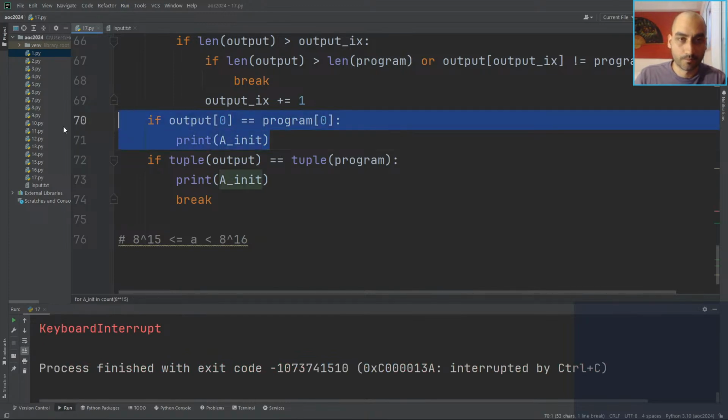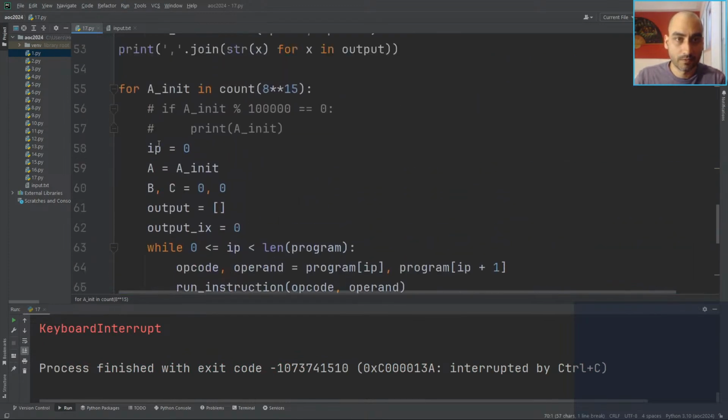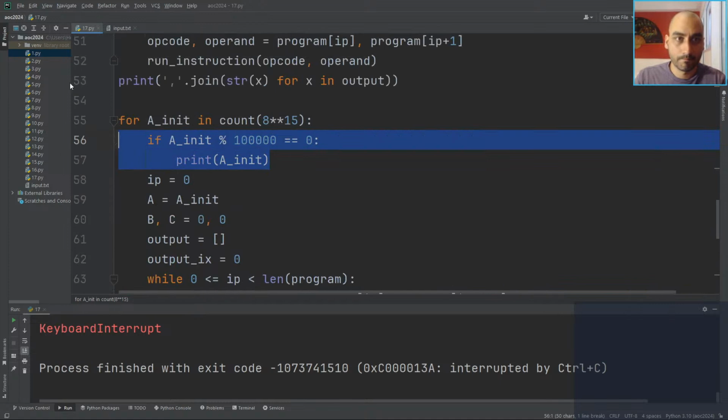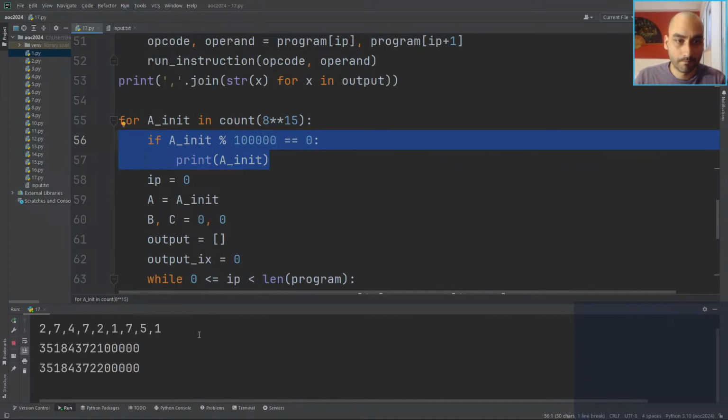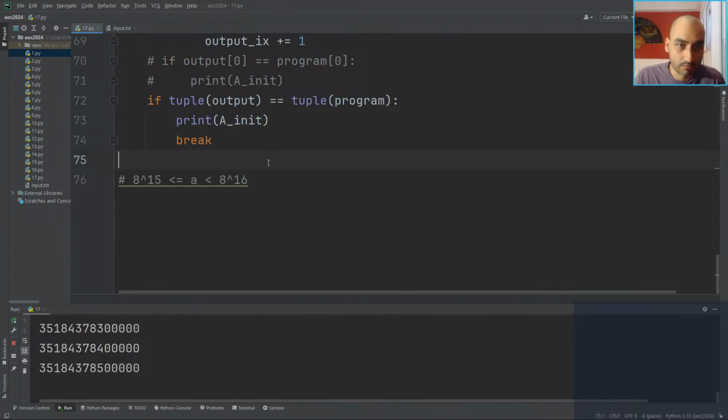Hang on. We don't want to do that. Yeah, that's going to take forever. What's 8 to the 16? It's going to be 8 times bigger than that. Alright. That's one thing we know. A is between 8 to the 15 and 8 to the 16. Now what?